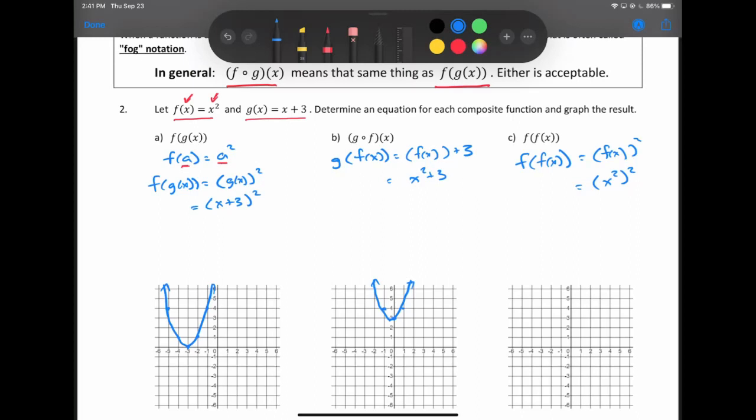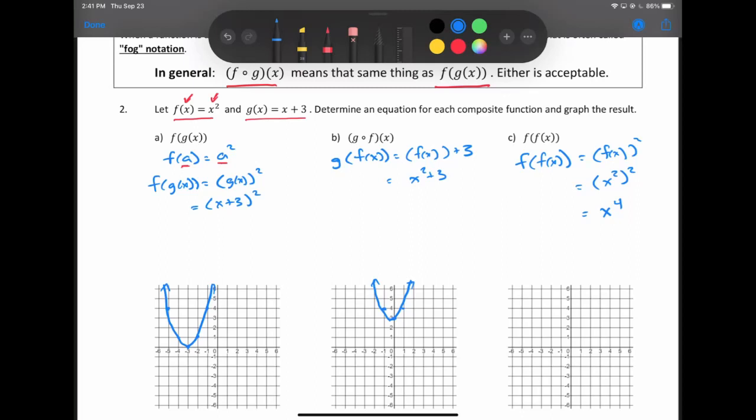They're basically just an instruction about what to do with the input. If I plug in a 5, it tells me, take the 5 and square it, or take the 5 and add 3. So now it's saying, take the x squared and square it. It's just the instruction going through twice. That becomes x to the fourth.